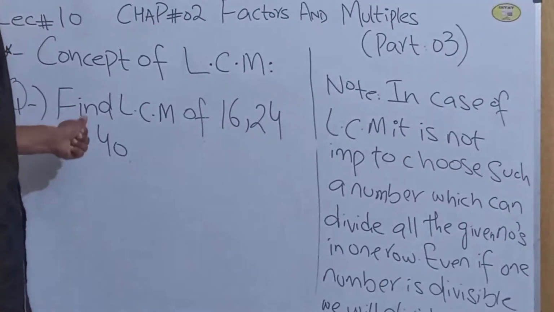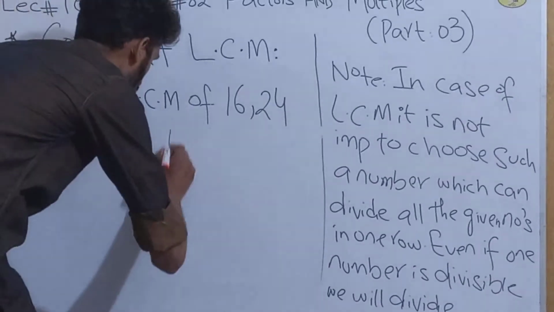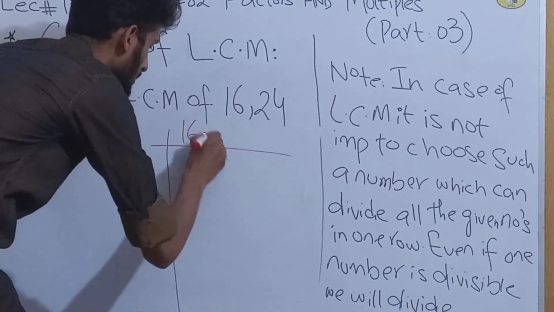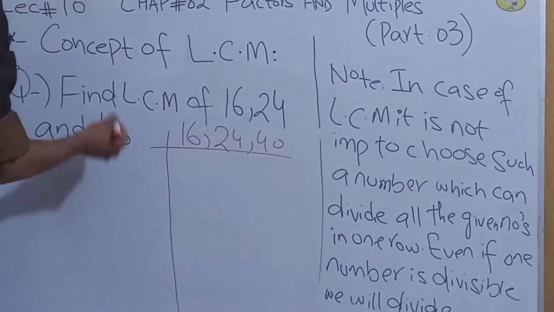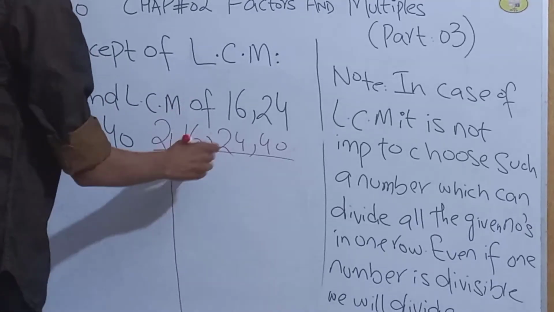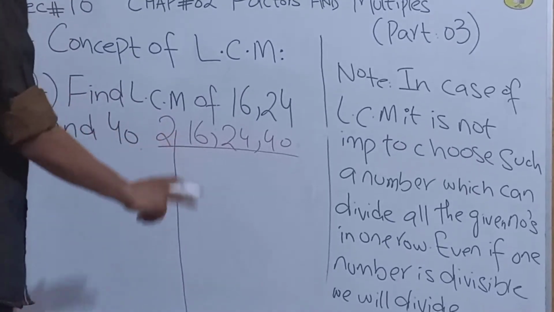Now our next question is find LCM of 16, 24 and 40. So we will find their LCM. Numbers are 16, 24 and 40. 16 is divisible by 2. We will divide it by 2. It is not necessary to check whether all these numbers are divisible by 2 in case of LCM.